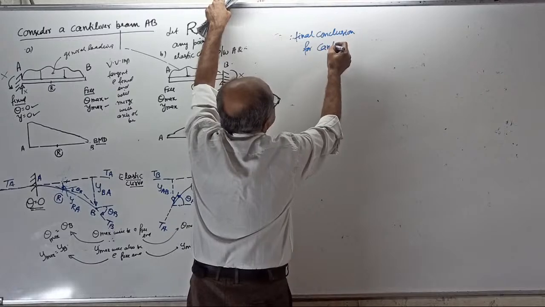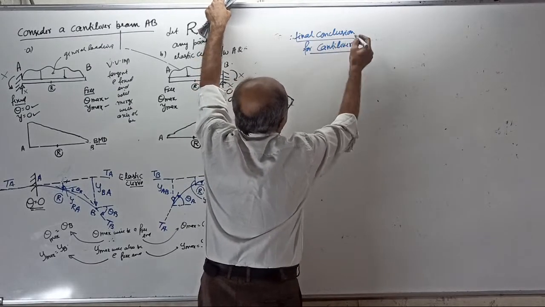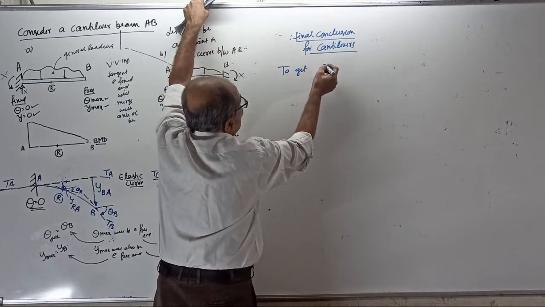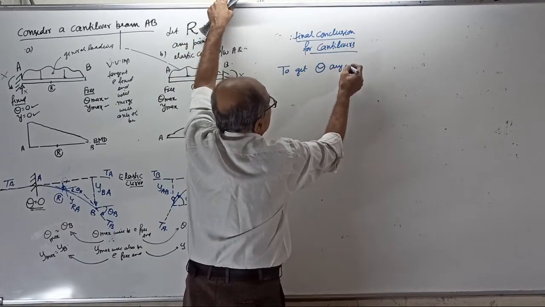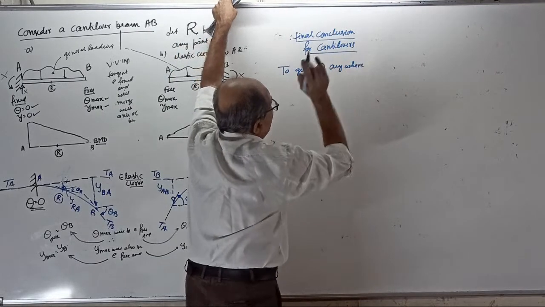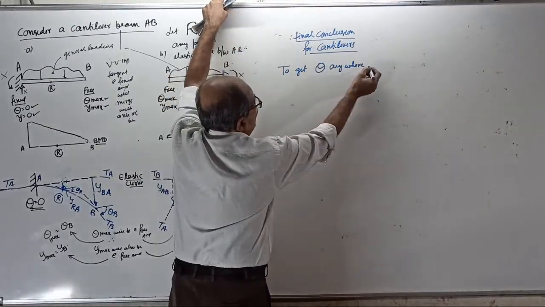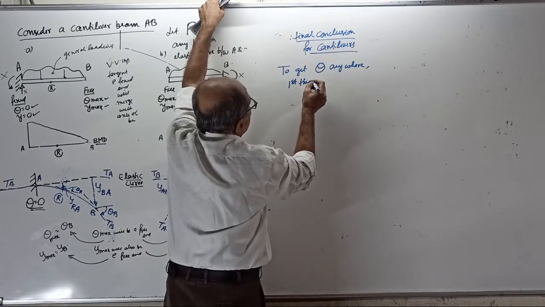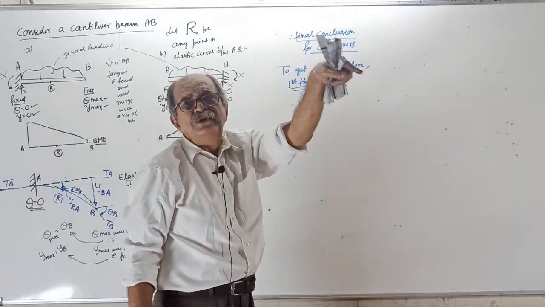Now onwards, I will not tell for cantilevers. To get slope theta anywhere, use the first theorem. From where to where is not required, from that point to the fixed end.